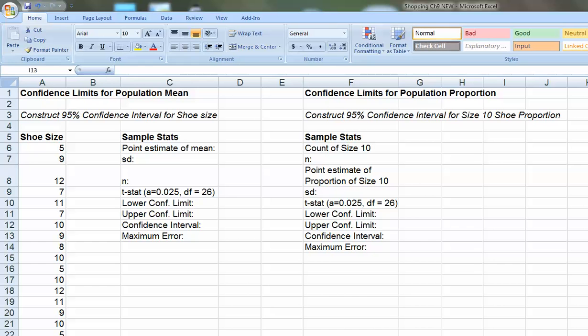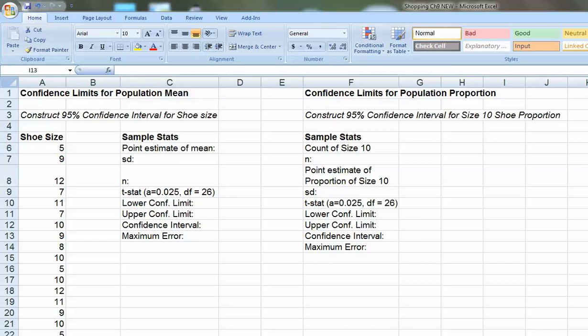It means this. We're going to take a sample from a population, and we're going to calculate, let's say, a mean value from that population. The example I'm going to show you has to do with shoe size. So let's say we calculate a mean shoe size. What we want to do now is calculate what's called a confidence interval.